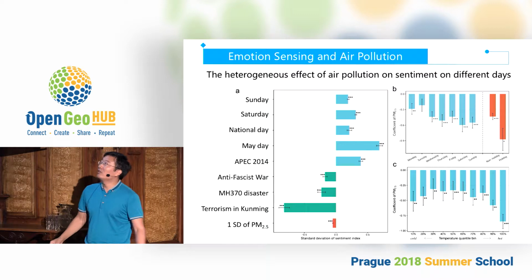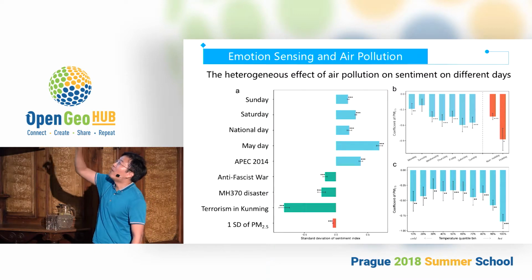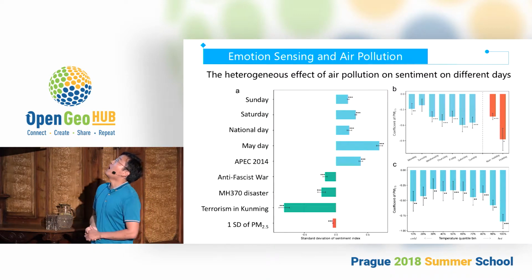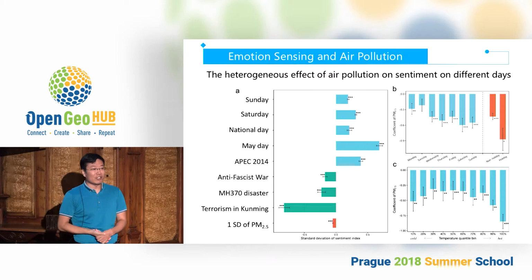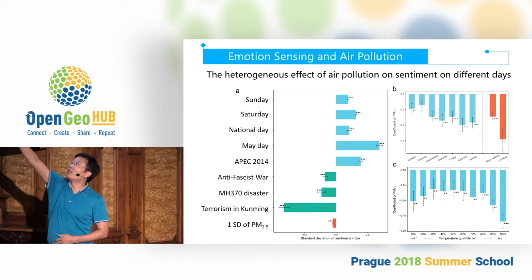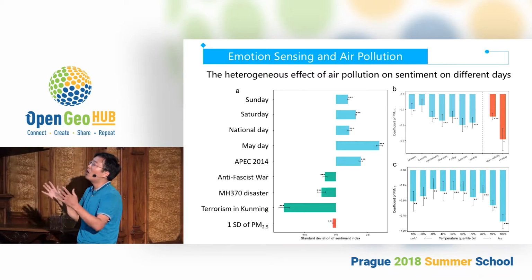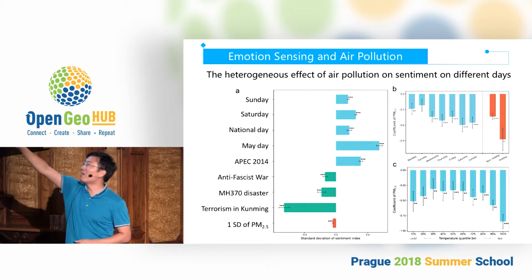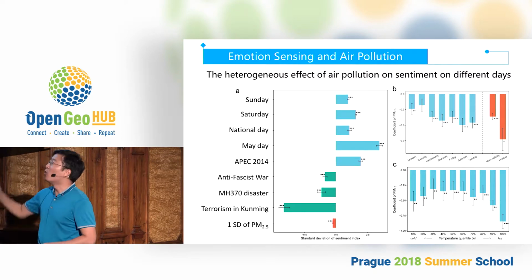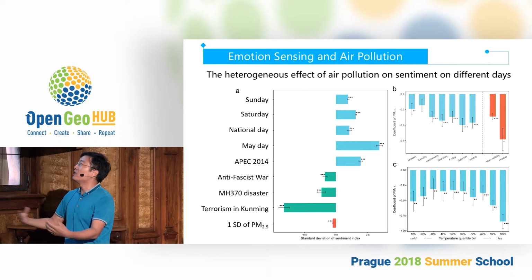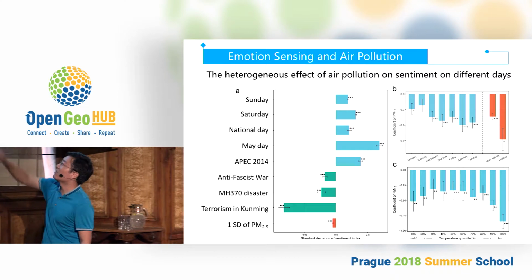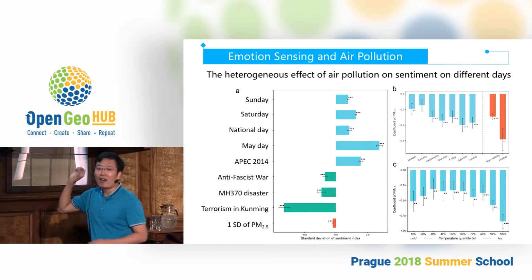This is the main result, but we want to find some heterogeneity effects of air pollution on sentiment on different days. Here's a story for different days. For example, on holidays, people are much happier. For example, after terrorism events, people express being very depressed. The last one is the PM 2.5 effect.